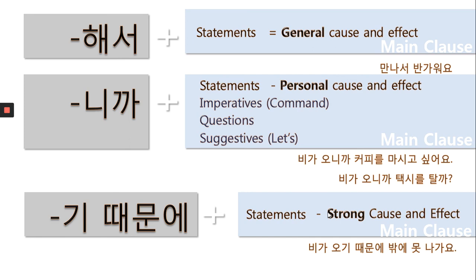So for example, the little baby, just a baby, maybe an infant, yeah, like an infant. When it rains, they cannot go out. Okay, so is this a good example? I don't know. Anyway, the cause and effect is very strong.